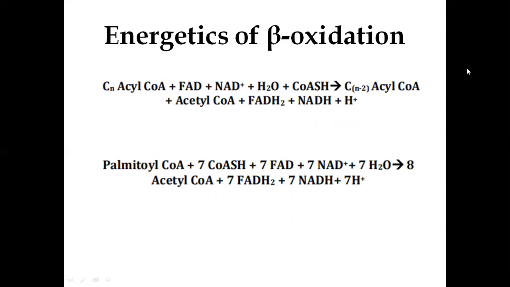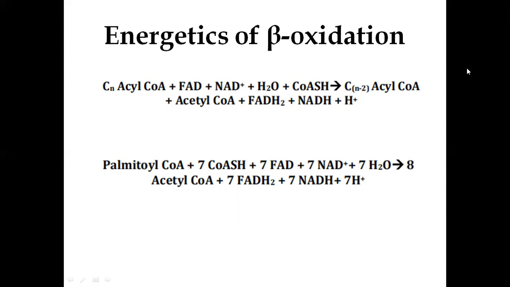So this beta oxidation involves four important stages. One is oxidation, hydration, again oxidation, and further cleavage of the carbon skeleton, which releases the 2-carbon acetyl CoA.